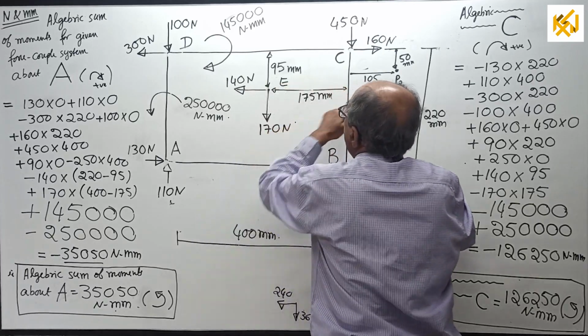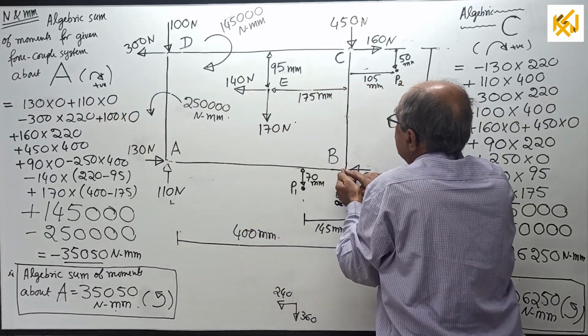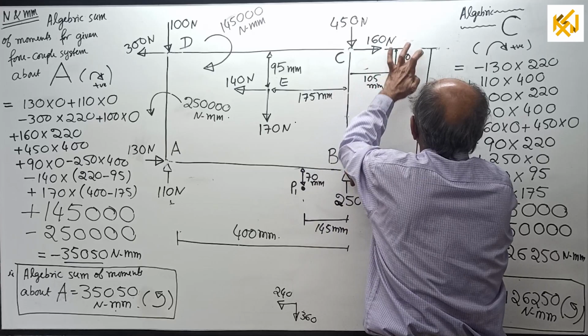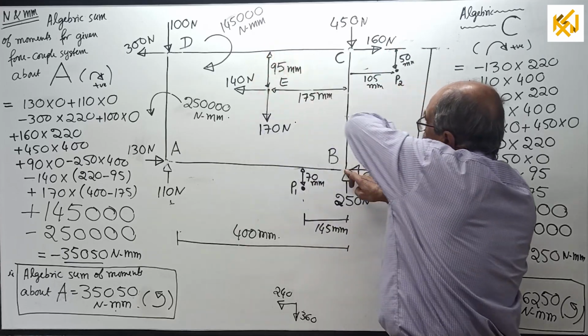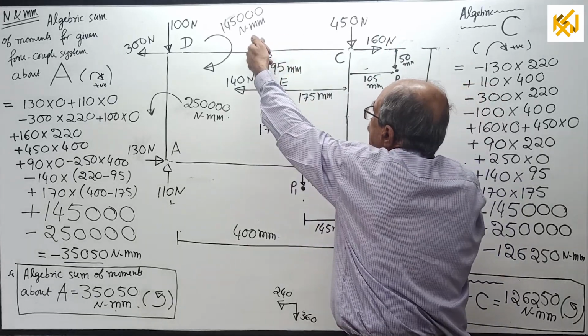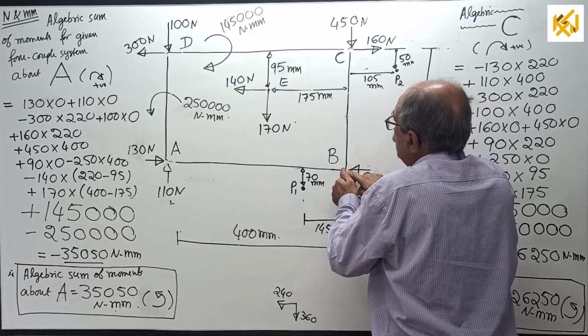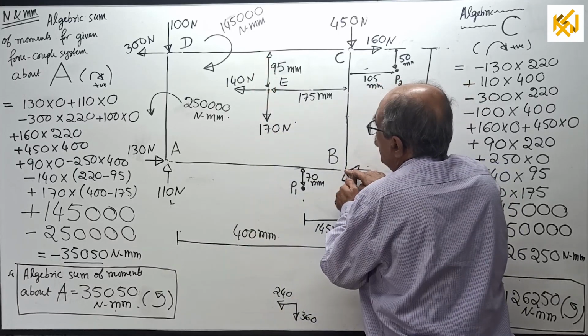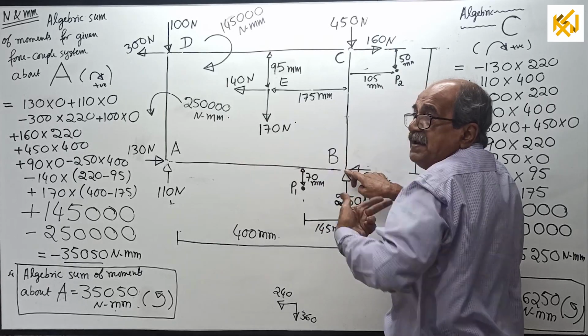Then 140 into this height. How much? From 220 subtract 95, anti-clockwise. 170 into from here to this line, 175, anti-clockwise.